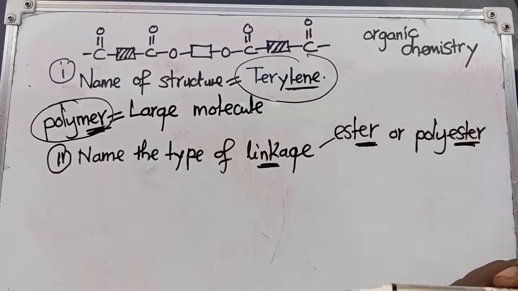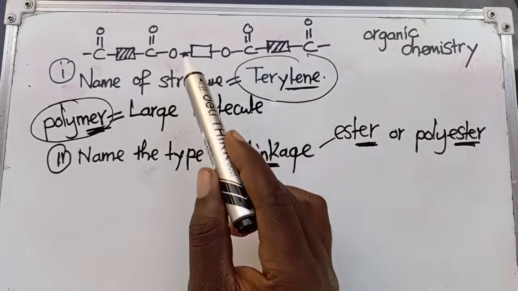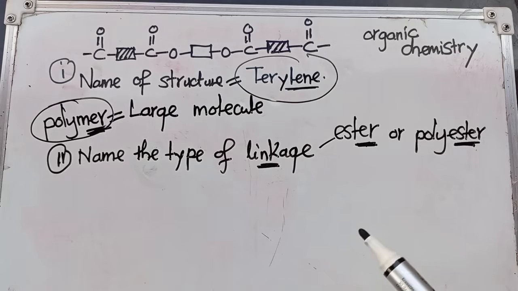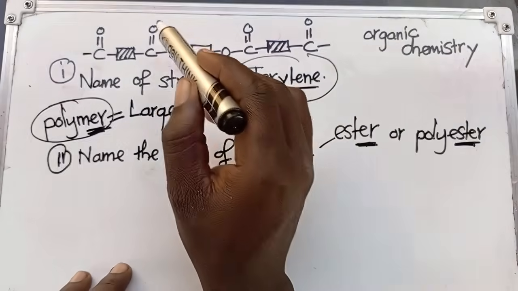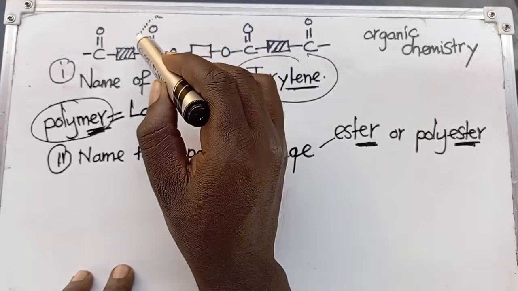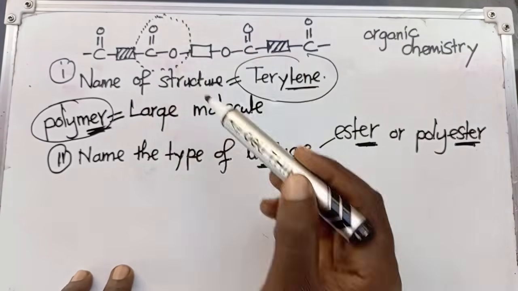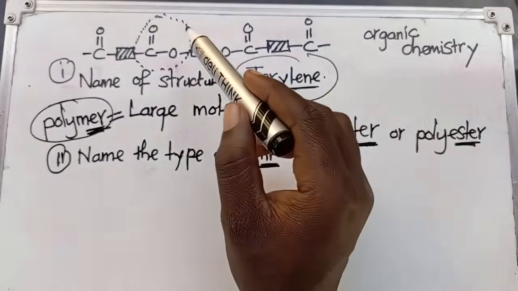This is it. So if they tell you now, this structure that is given here, enclose or put a circle on an ester linkage where we've got an ester linkage. Ester linkage, it is here. This is an ester linkage. Have you seen this one? This is what we get to call an ester linkage. So have you seen what I've done?